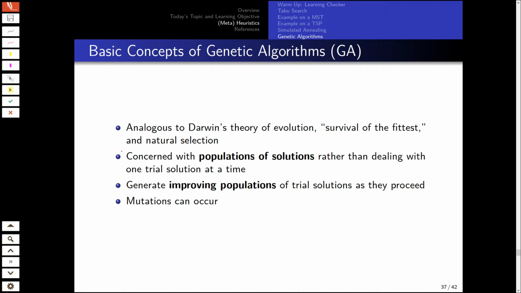So the thing is now we want to generate populations, which are our trial solutions. We now consider more of them, and we want to improve then our solutions so far. Now there is another method that is drawn from genetics, which is mutations.